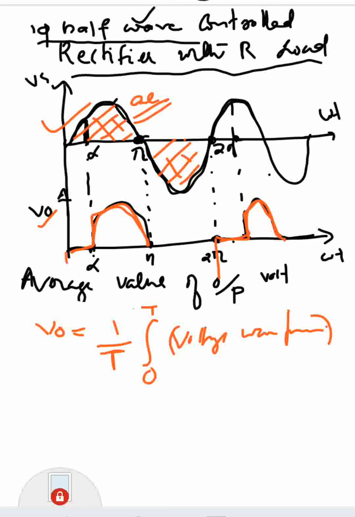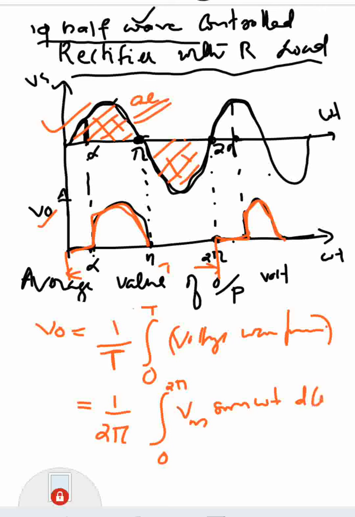We can easily find out that it is 2 pi, because after every 2 pi duration the signal keeps on repeating. So I am writing 1 divided by 2 pi integral, the total duration 0 to 2 pi, and the voltage waveform expression is Vm sin omega t d omega t.